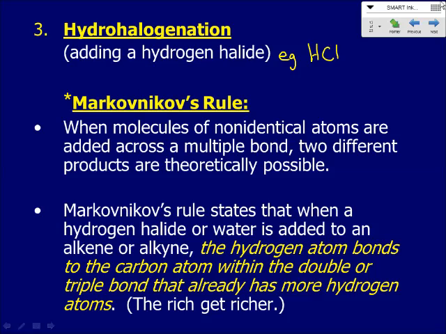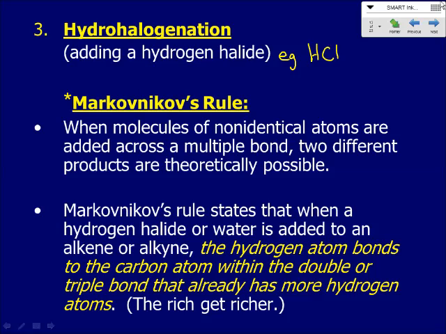And the way we decide which is going to be the major product is something called Markovnikov's rule. And this comes up when you have non-identical atoms being added in an addition reaction. Markovnikov's rule is pretty straightforward.